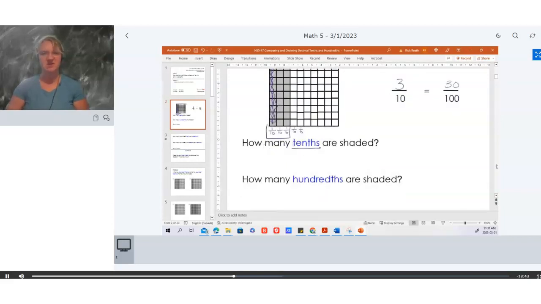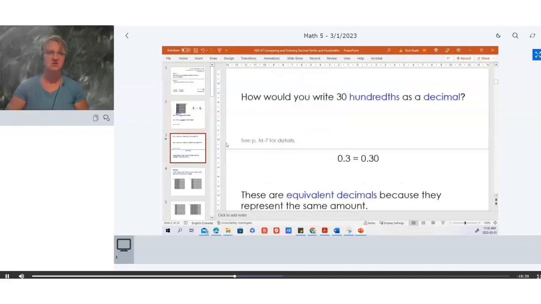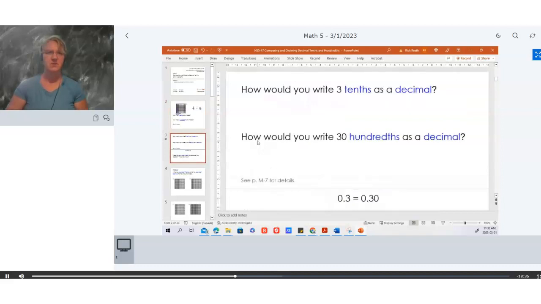Okay, that shows us how many tenths and how many hundredths are shaded. Now, if we have 3/10 and we want to write it as a decimal, remember that the decimal places are exactly to the right of the decimal. So 0 in the ones place, the decimal, and 3 in the tenths place.